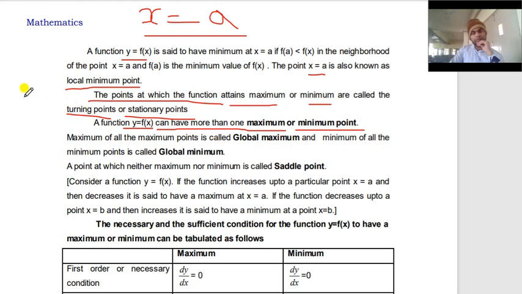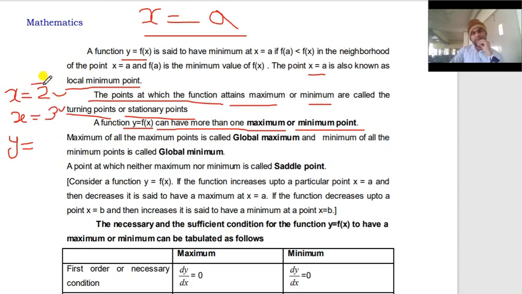Suppose the function has its maximum value attained at x = 2 and x = 3. We get the value of y while putting 2 or 3.